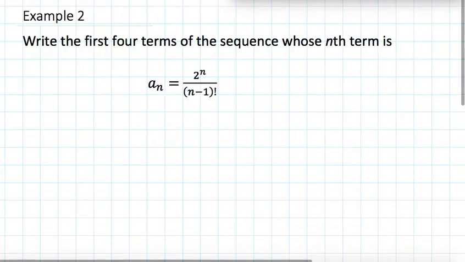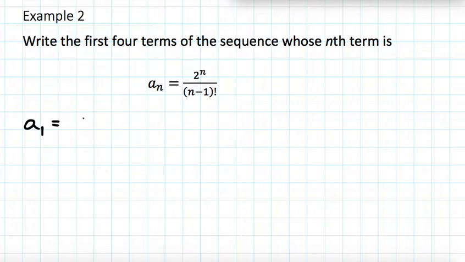So we're going to look at example 2. It says to write the first 4 terms of the sequence whose nth term is 2 to the n over n minus 1 factorial. So we're going to start with the first, a sub 1. We plug in 1 for n into both places. So 2 to the first is 2.